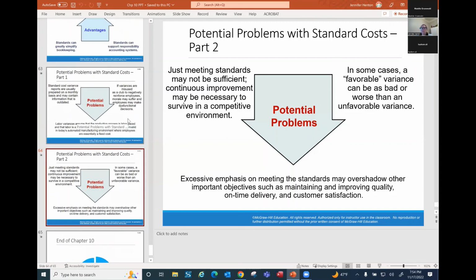You're not cutting corners with a lower quality product to save money. You have some managers that possibly are going to bring in equipment and pay extra fees to get it in quicker, to try to have the product there faster, which can cause costs to go up. So sometimes using that standard isn't always the best way to go.